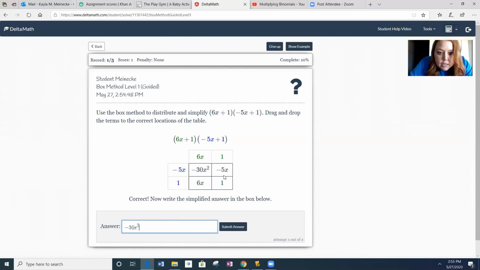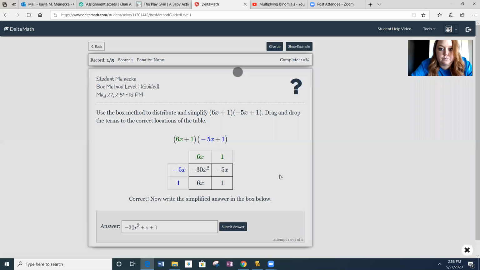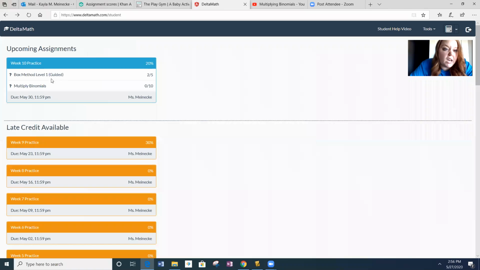But you can add the 6x minus 5x. 6 minus 5 is 1, so that'd be a positive 1x. You can write 1x, but you could also just write x. And then plus 1. Boom, there we go. You only have 5 of those, so it should be okay.